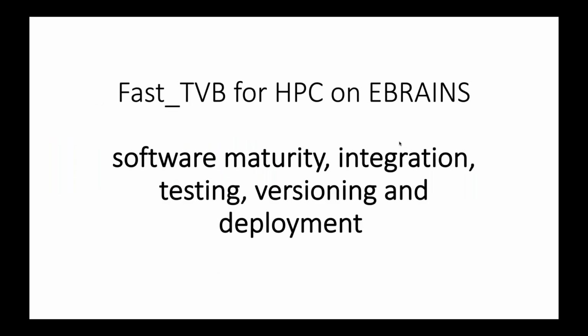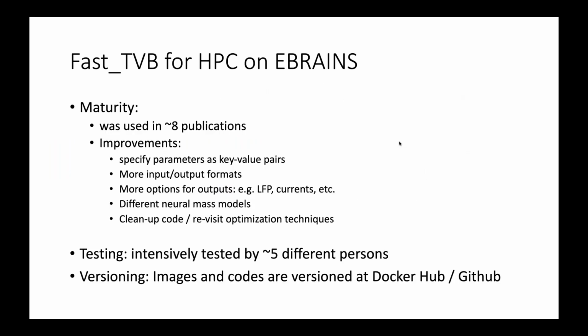The software, some words about software maturity, integration, testing, versioning, and deployment. So maturity, the software was used in around 8 publications right now, but there are many ways in which this could be improved. So that parameters could, for example, be specified as key value pairs.